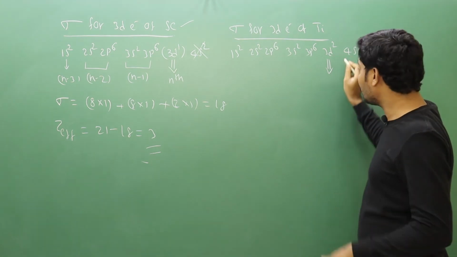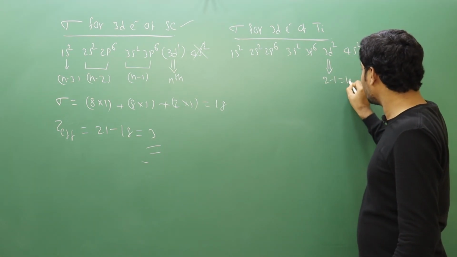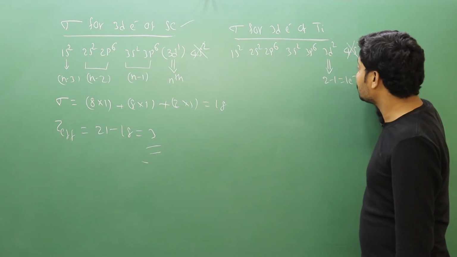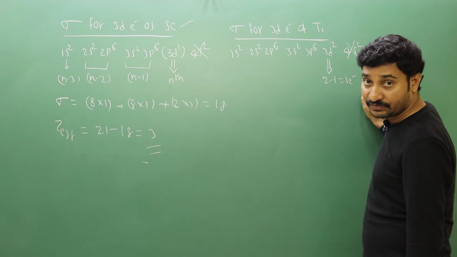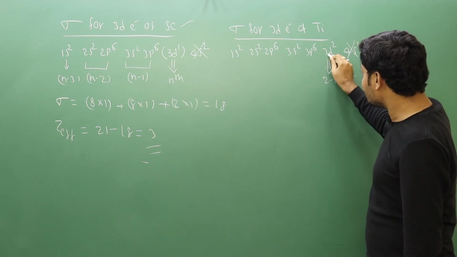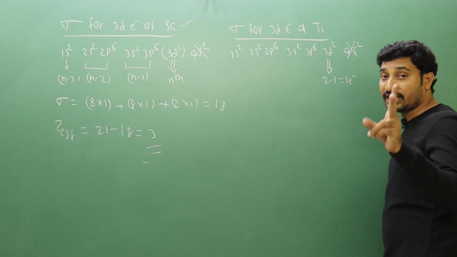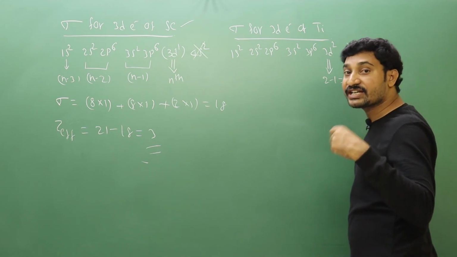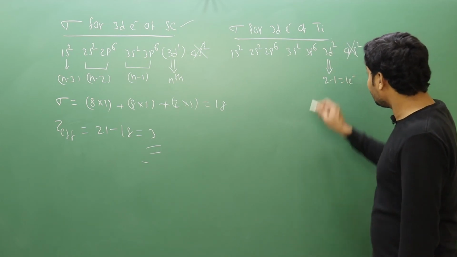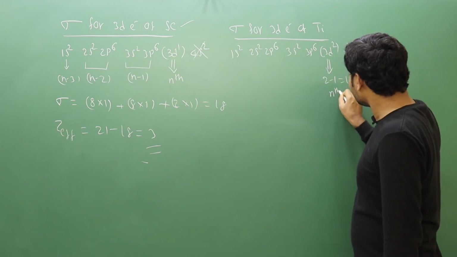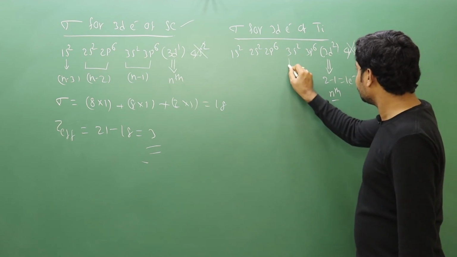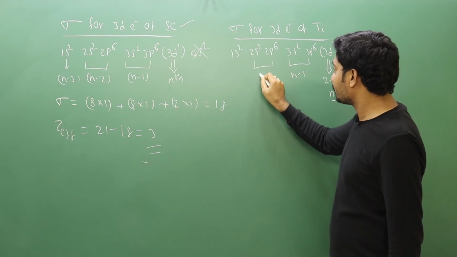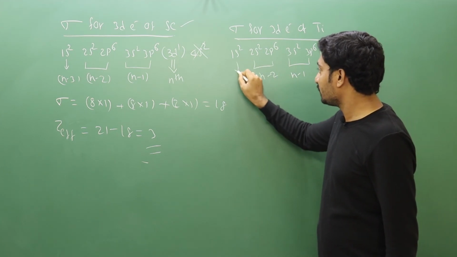The remaining is 1 electron. The 4s need not be considered because with respect to 3d it is the outer shell. This 3d alone you consider as the nth shell, with n value 4. This one is n minus 1, this one n minus 2, this one n minus 3.